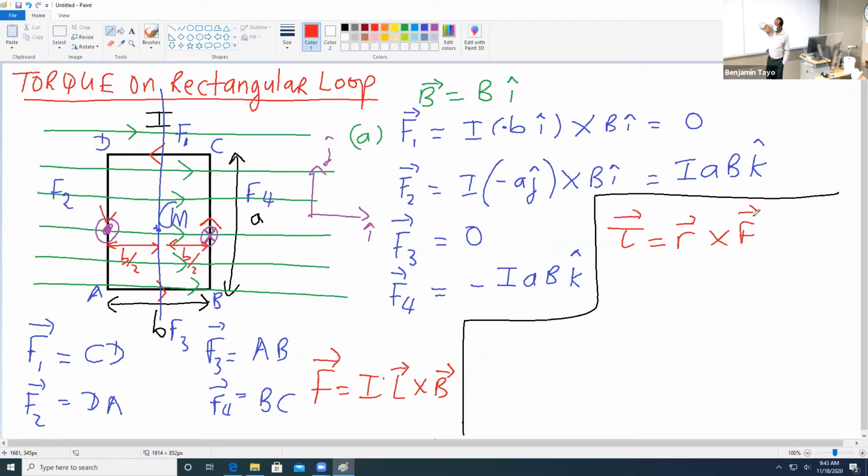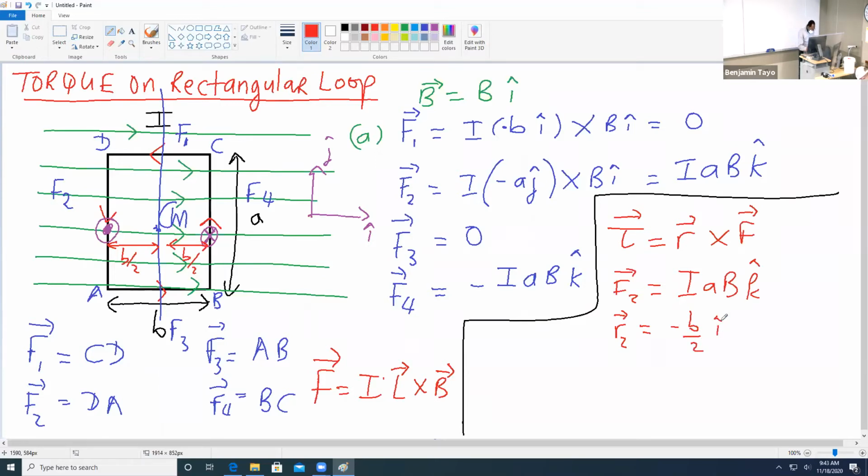Right? So the way we're going to do this is that for F2, F2 is equal to IAB K hat, and my R2, my position vector at that point, is negative B over 2 I hat.